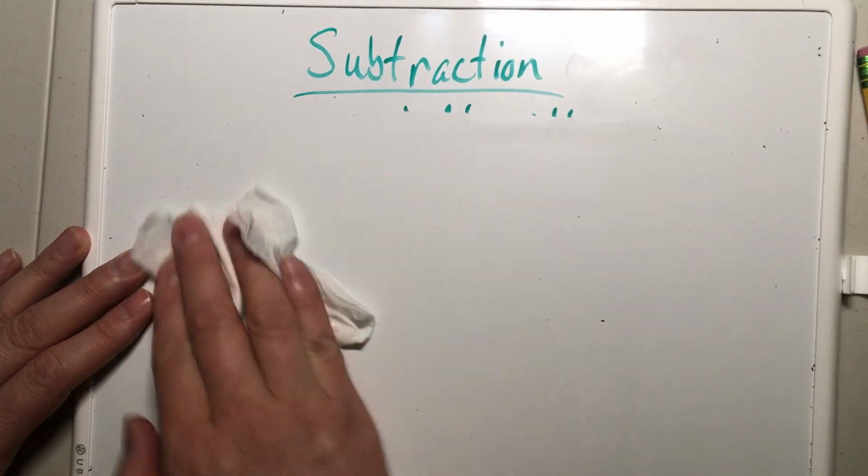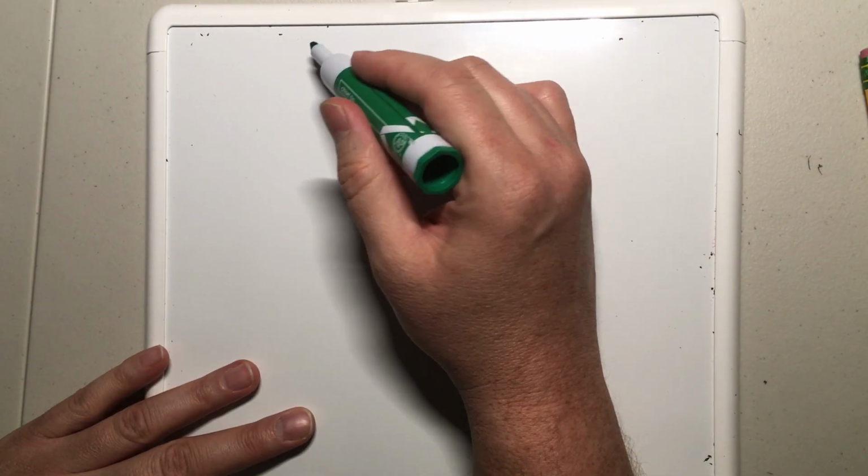Okay, the next thing we're going to do is subtraction with base 10. If you watch my video ways to add, then you got an opportunity to see what the symbols mean. So, subtraction, base 10.